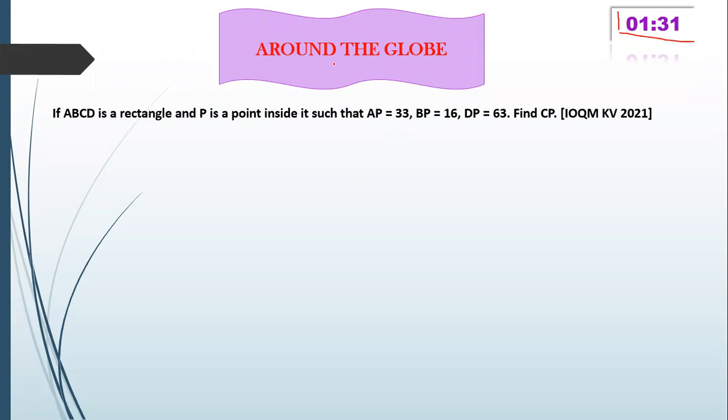Snehashish, you are right. No, Yash, you are wrong. We will use British flag theorem. Yeah, but no need to tell that. Siddharth, you are right. Keshav, you are right.